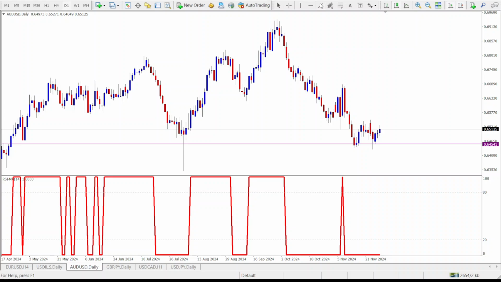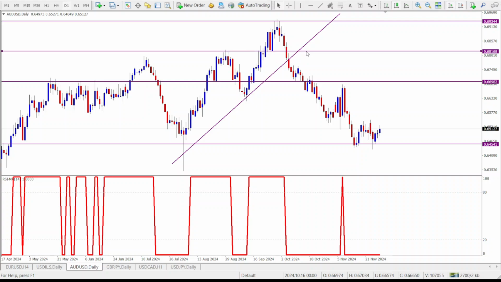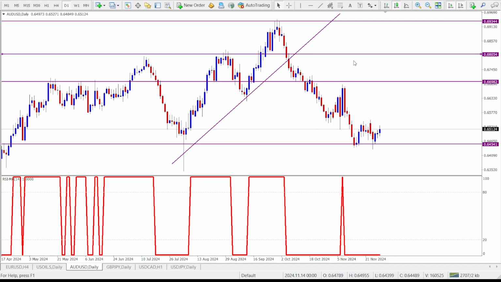Now I'm going to recommend also making use of trend lines and support and resistance zones even when using this indicator, in order to get insight as to potential reversal points, because support and resistance zones give you a heads up as to points of reversals ahead of time.